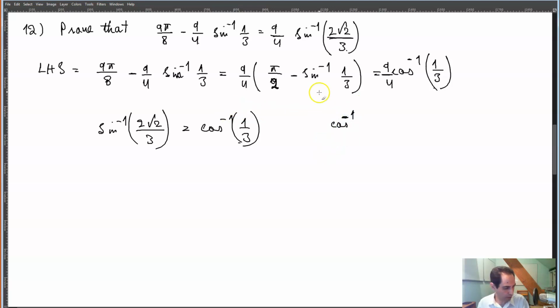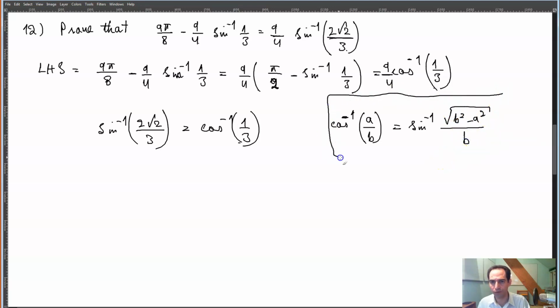I don't know how they have derived this formula, but it seems that it's actually there. So the cos inverse of A by B is the same thing as the sine inverse of the square root of b squared minus a squared over b, right? So you can use this formula. I will write it down. I will add it to the formulas.